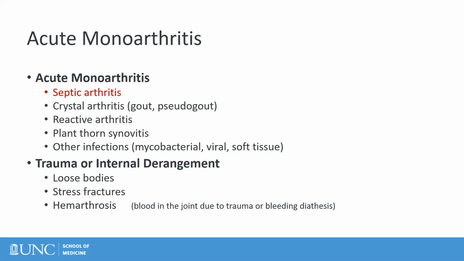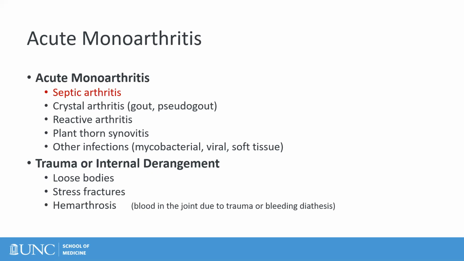And then other infections besides acute bacterial infections: mycobacterial infections, viral infections, other soft tissue infections. Those infections tend to be not quite as acute as the bacterial infections. And then the other major category of acute monoarticular joint pain would be trauma or an internal derangement. So obviously, if someone falls and injures a joint, you would get that in their history.